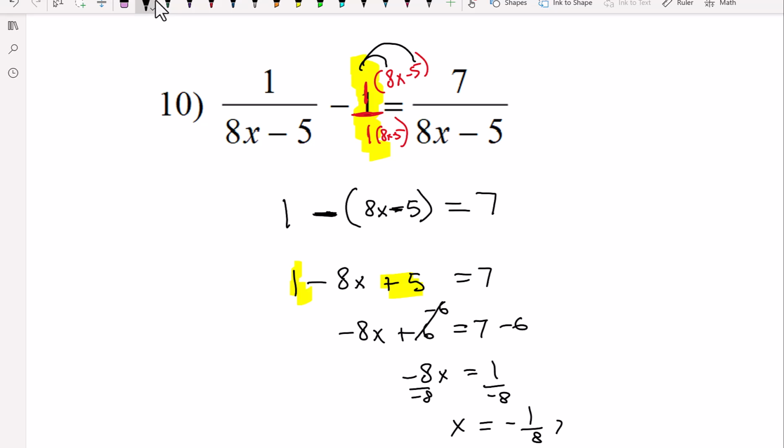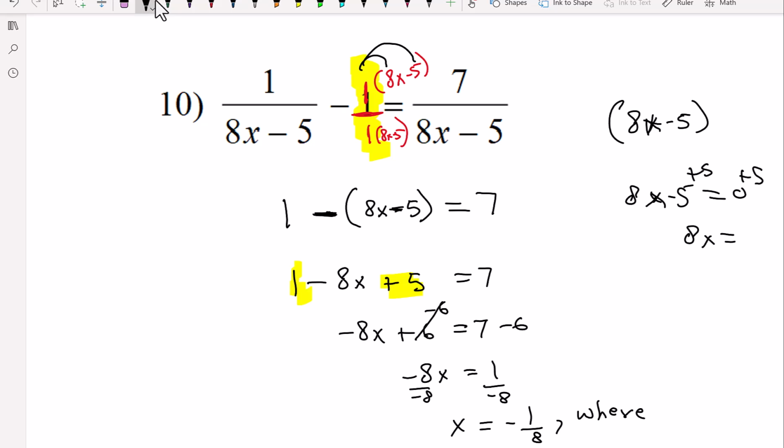And then you say, where? So we take this denominator, 8x subtract 5. Either set it equal to 0, if that's easier for you, and add 5, 8x equals 5, then divide by 8. That's fine, you can do it that way. Or you can say, let's just do the opposite of each operation.